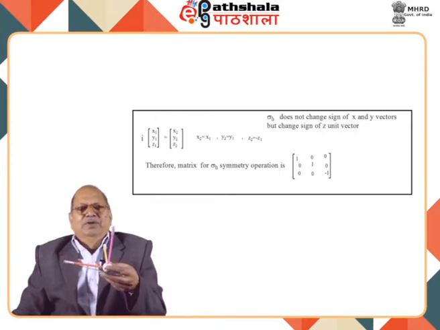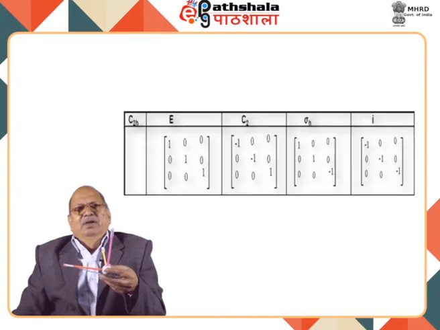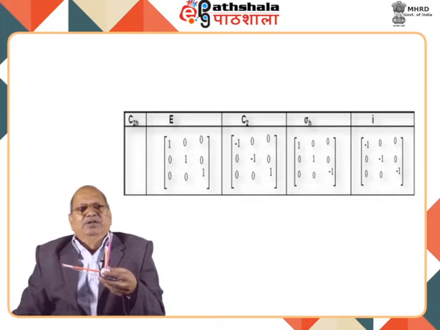So, by performing this, we have the matrices for the C2H point group, which are given over here. The first column gives the symmetry operation and the second the matrix. For E, the matrix is 1, 0, 0, 0, 1, 0, 0, 0, 1. For C2, it is minus 1, 0, 0, 0, minus 1, 0, 0, 0, 1. For sigma h, it is 1, 0, 0, 0, 1, 0, 0, 0, minus 1.